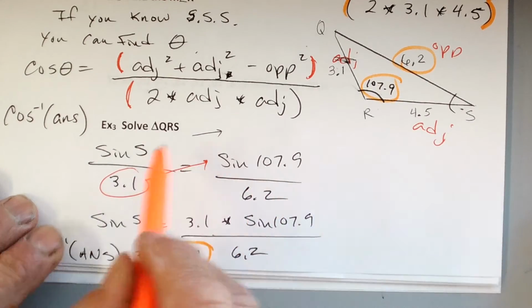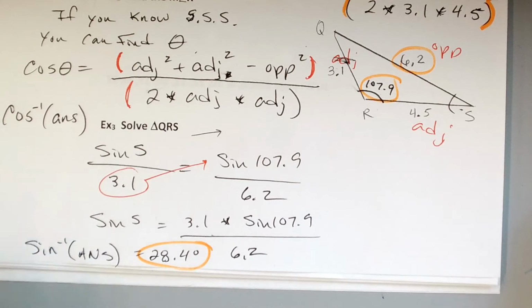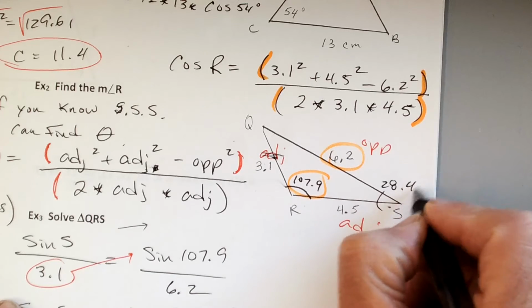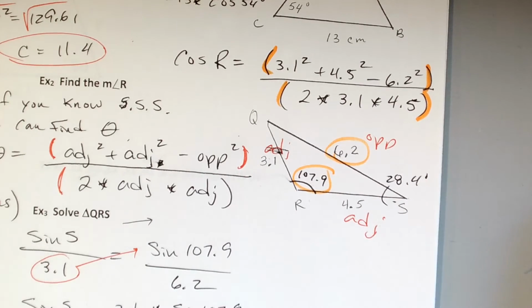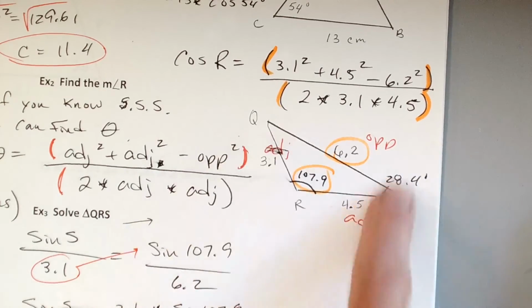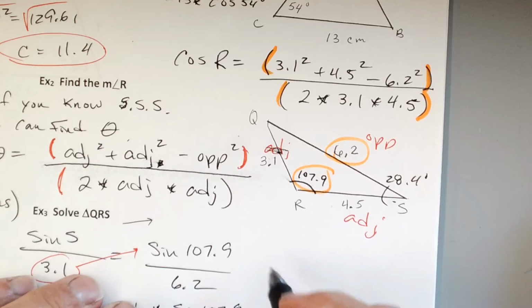Okay. And now, finally getting angle Q. So this is 28.4. Angle Q is easy. How do I find angle Q? Zoe, how do I find angle Q? Yeah.